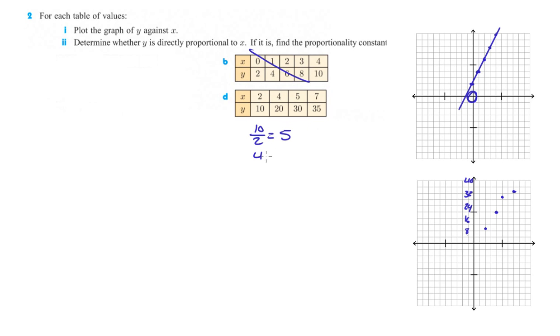If you'll notice, that works for 20. 20 divided by 4 is also 5. 30 divided by 5 is 6, so that one's different. And 35 divided by 7 is also 5. So these are all 5. This is the one that messes everything up, so that one is also not directly proportional to x. Though without that point, it might even go right through 0 here. But again, the 30 and 5 messes that up.